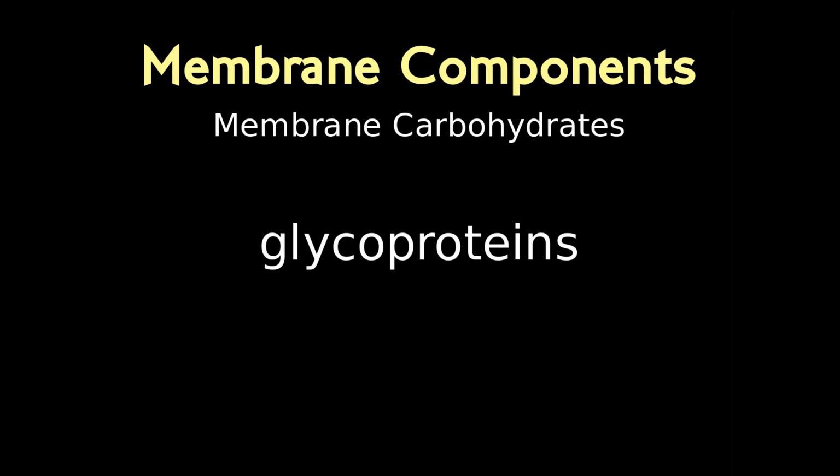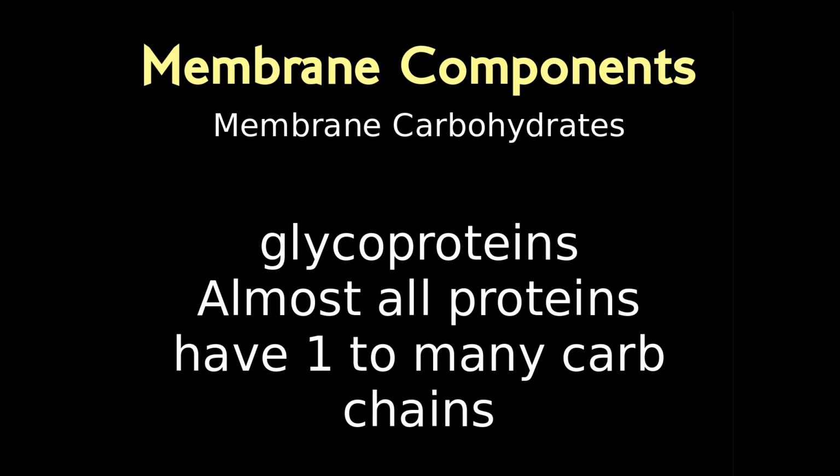And we also have glycoproteins. So again, carbohydrate chains that are stuck onto proteins. Almost all proteins that are in the cell membrane have at least one carbohydrate chain. Nearly all. Not all, but nearly all have one. Many of them have several to many carbohydrate chains on them.